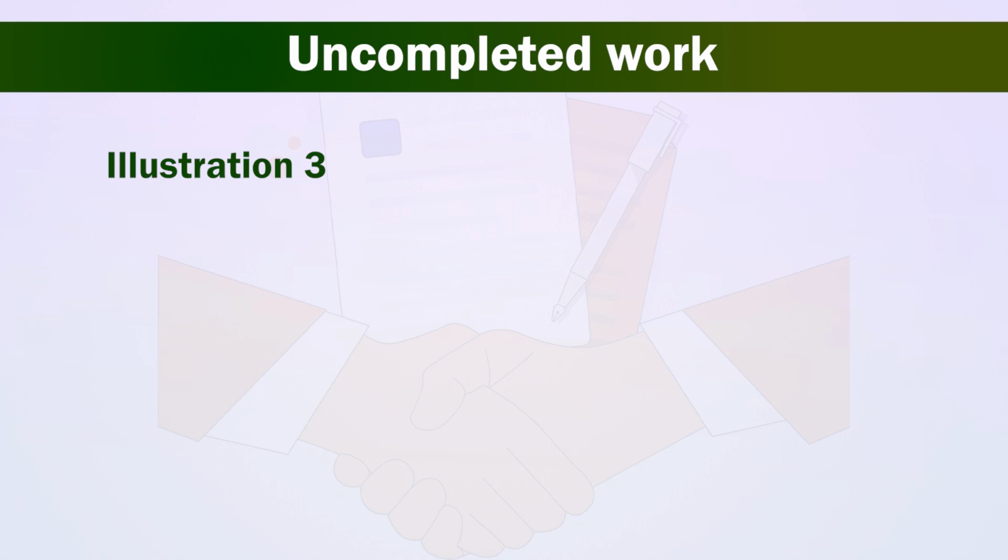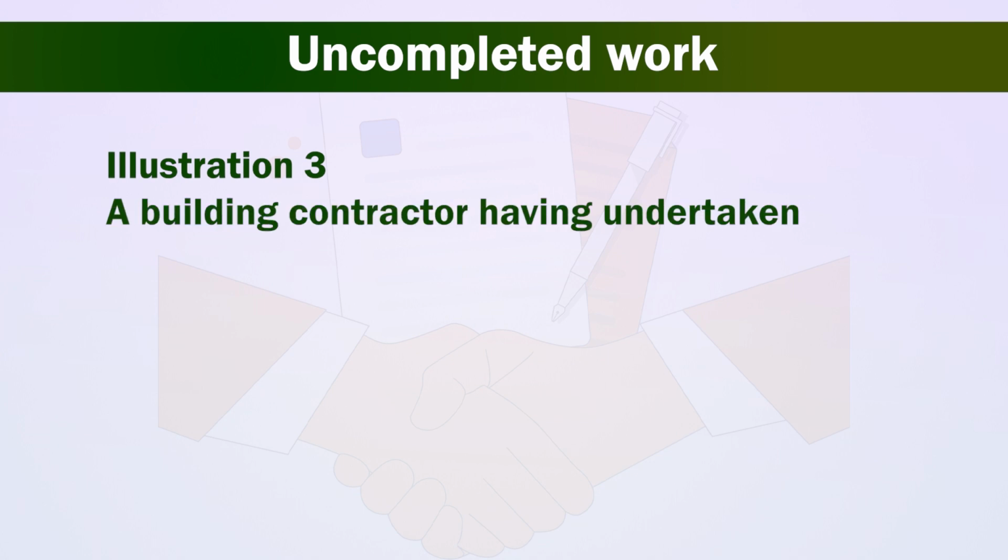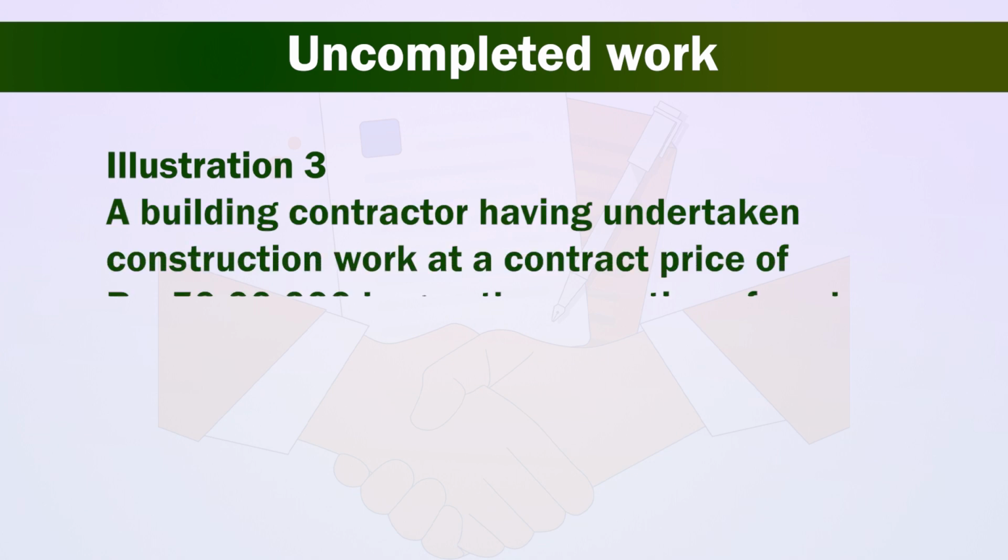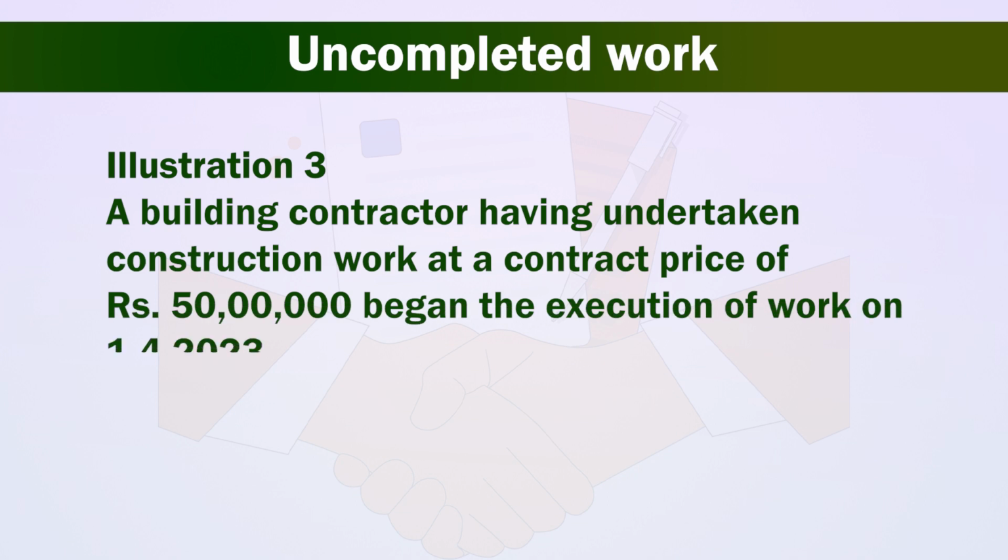Let's understand illustration 3. A building contractor having undertaken a construction work at a contract price of rupees 50 lakhs began the execution of work on 1st April 2023.